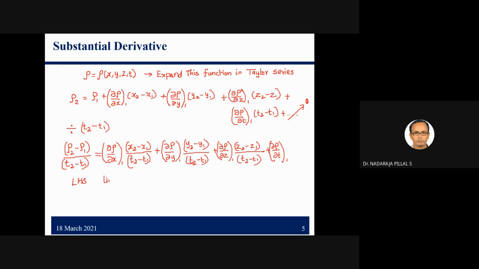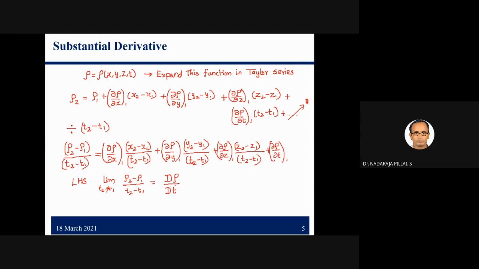Say I just write the limit t2 tends to t1. We can write rho 2 minus rho 1 by t2 minus t1, that can be written as capital D rho by Dt.